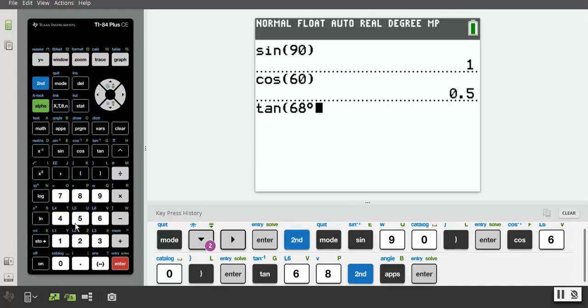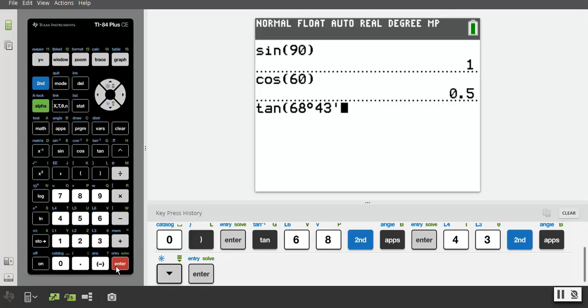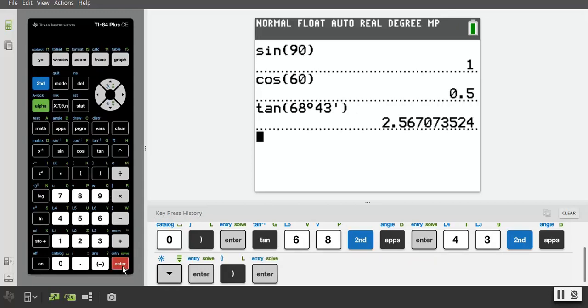And then we're going to put 43. So we'll put 43 minutes. Just type apps and then do this one. Now here there's not much to do other than say, this is exactly what it gives me. So let's say that we just round to 4 decimal places.